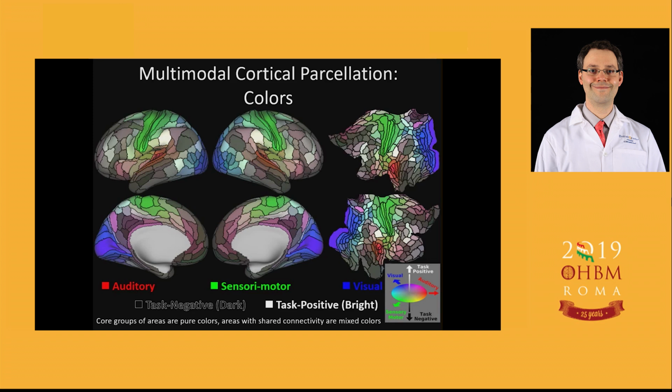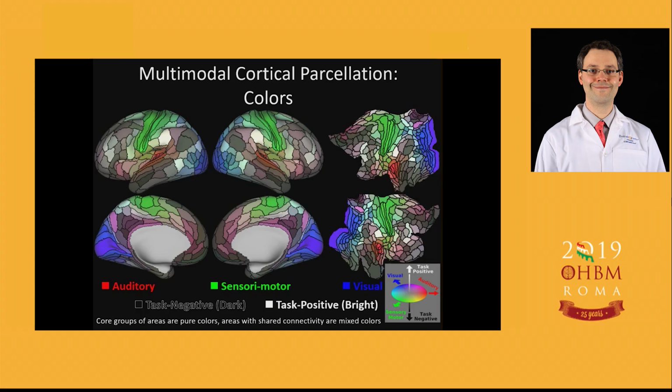So I wanted to give the parcellation an intuitive color scheme, focusing on the three main input streams to the brain: auditory, sensory motor, and visual, in red, green, and blue. And then the two strongest anti-correlated cognitive networks: task negative or default mode in the darker colors, and task positive or anti-default mode in the brighter colors.